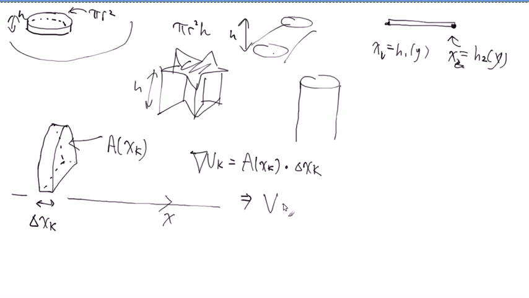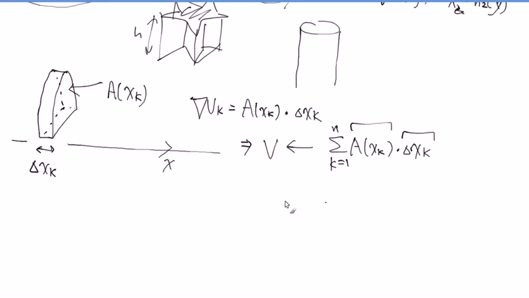The volume must be correctly approximated by adding all these volumes, A of xk times delta xk, right? So how do you know it's a Riemann sum? Delta xk is isolated multiplicatively, and everything else is written in terms of xk. Then it's a Riemann sum. So what is this approaching actually? V.